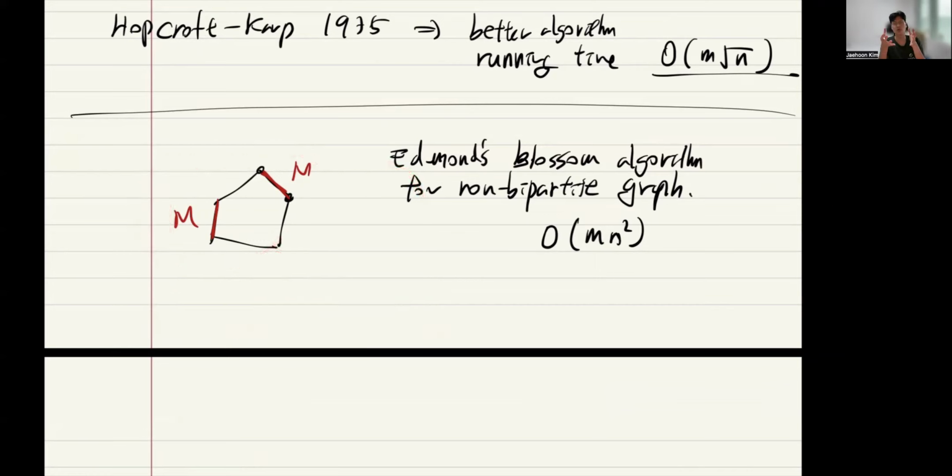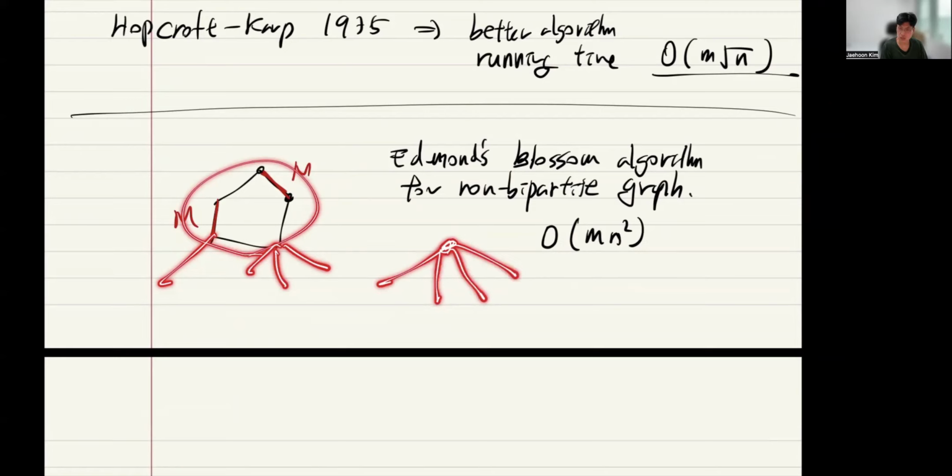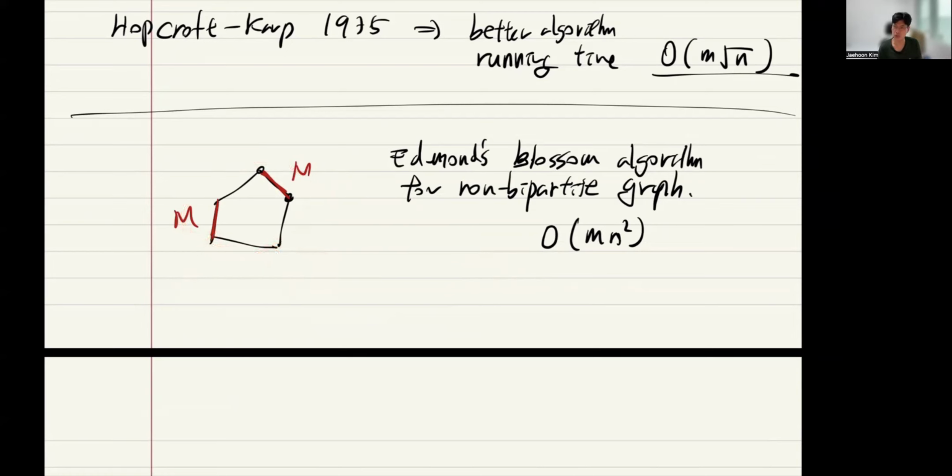Then every time we have this kind of odd cycle, we contract it into one vertex, meaning that if your graph is something like this, you replace this with one vertex, and then you attach these edges to this one vertex. Then you replace your graph with a smaller graph. And then you repeat this until you have no odd cycle, which is a bipartite graph. There you apply this algorithm for finding M augmenting paths. And then you come back to your original graph by uncontracting each vertex into its own cycle. That's roughly what you do.